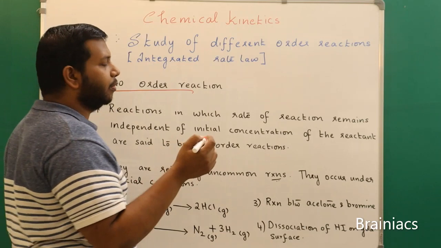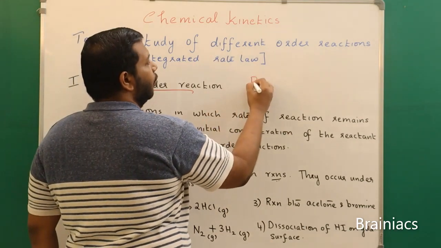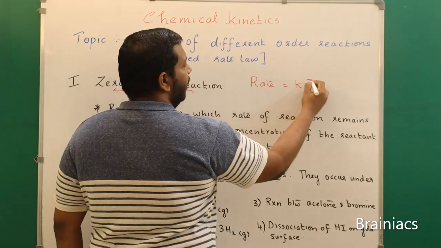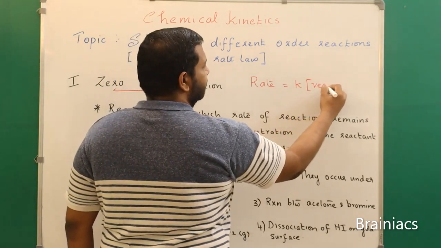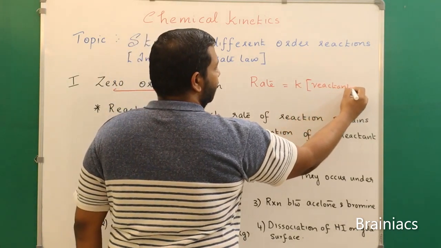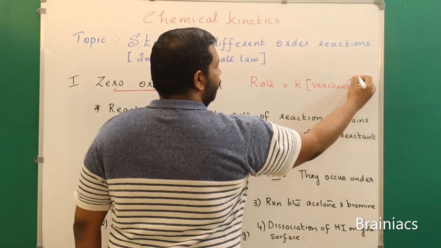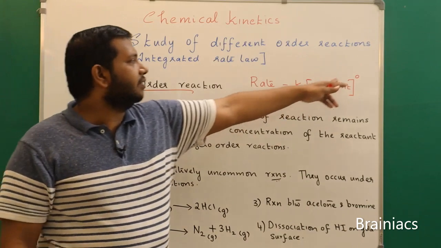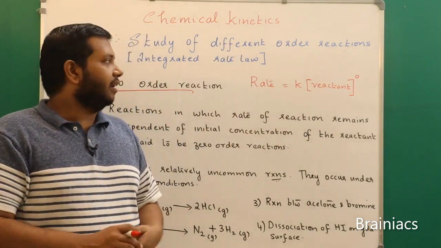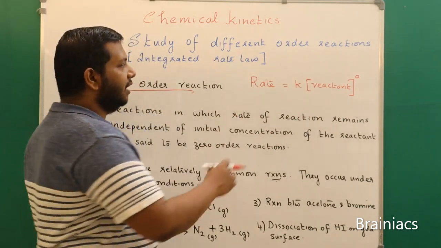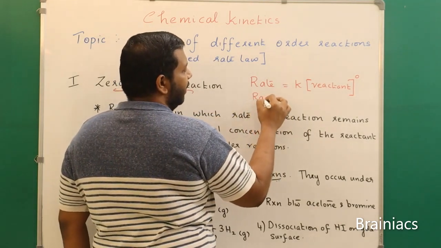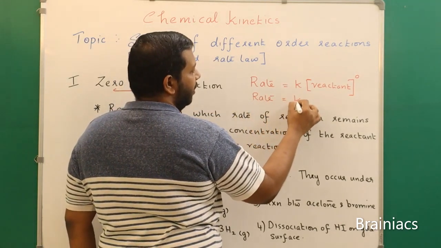If I write the rate law of a zero order reaction, rate is equal to the rate constant into the reactant concentration. If it is zero order, I will keep 0 as the exponent here, because this indicates a zero order rate law. Any concentration raised to 0 is 1, so I can say rate is equal to K.